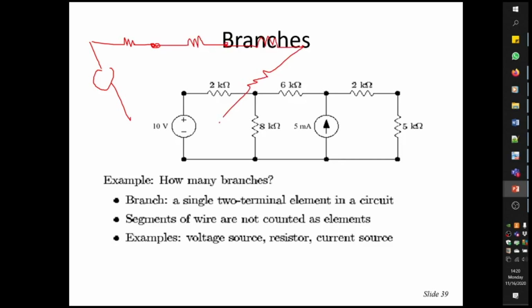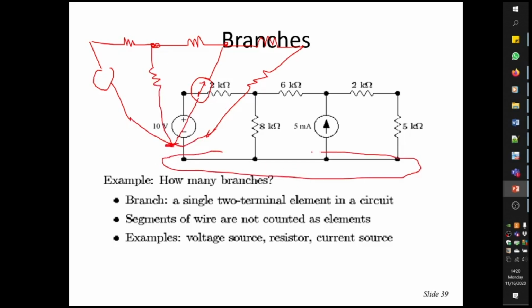This is another resistor. This is a current source. And finally we have an 8 kilo ohm resistor here. This is a completely valid circuit, because I have condensed this entire node into a single point. Whether you draw it as a single point or like this, it's still a single node.